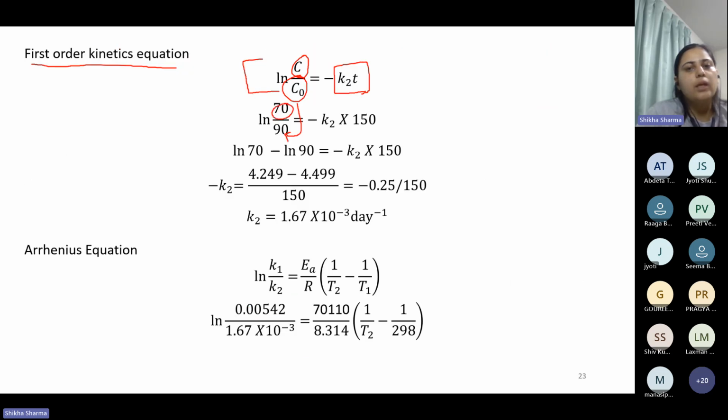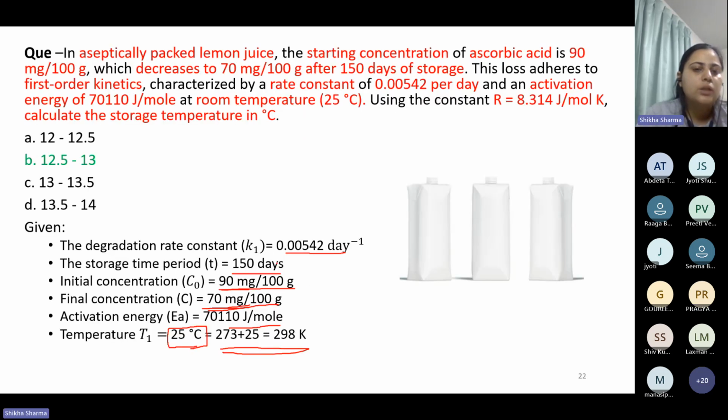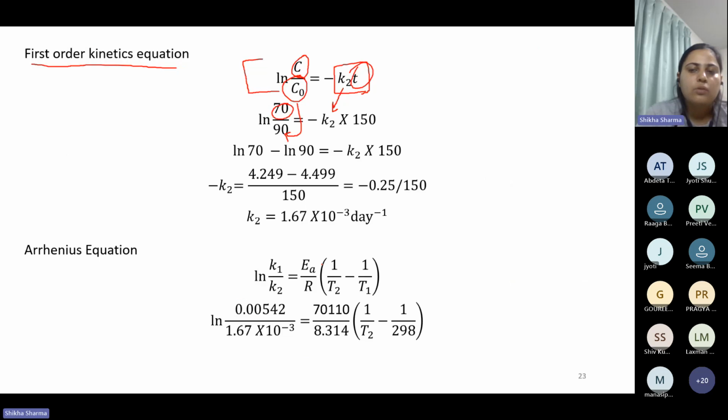So ln 70 by 90 equals minus K2, which is not known here, into the time interval, 150 storage days.